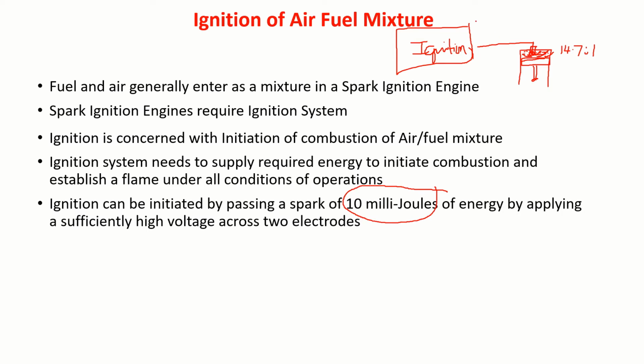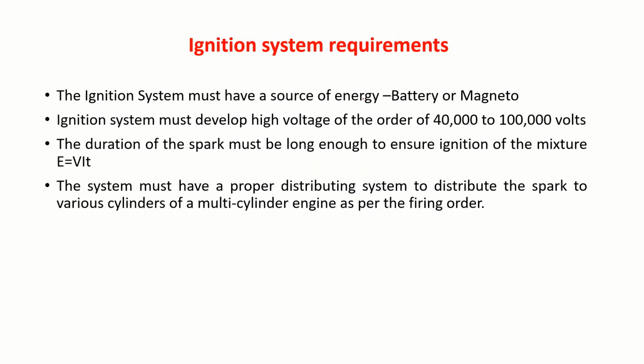So let us study now how this ignition system works. Basically, in an ignition system, you need a source of energy. That source of energy can be a battery or it can be a magneto. Then the ignition system must develop a high voltage of the order of 40,000 to 100,000 volts.